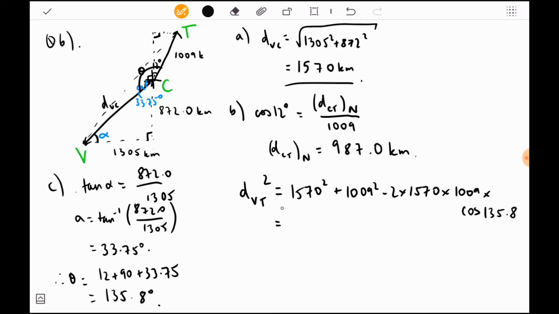And that is equal to some number I don't want to write. Taking the square root of that, we get that the distance between Vectorville and Trigonometric Town is, to 4 significant figures, 2,399 kilometers.